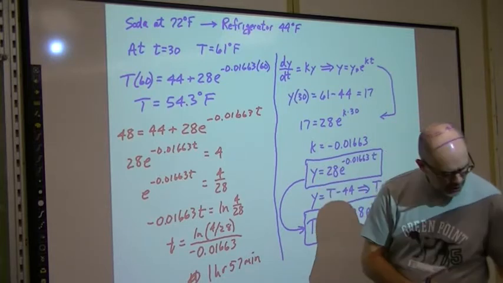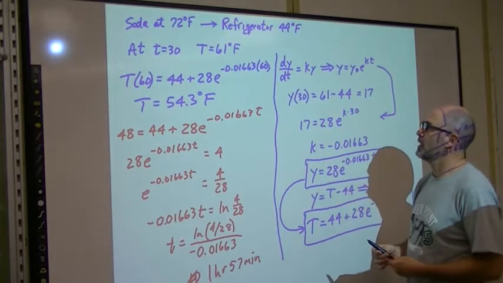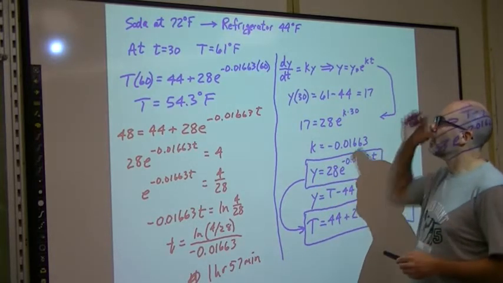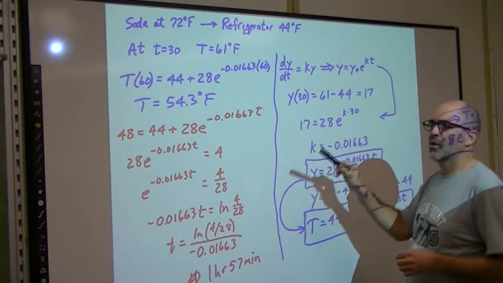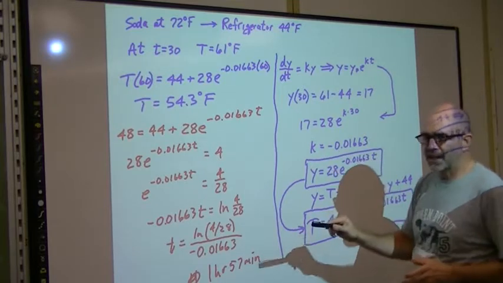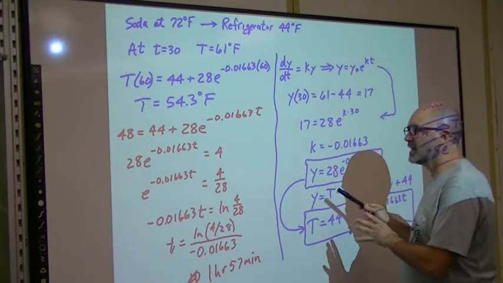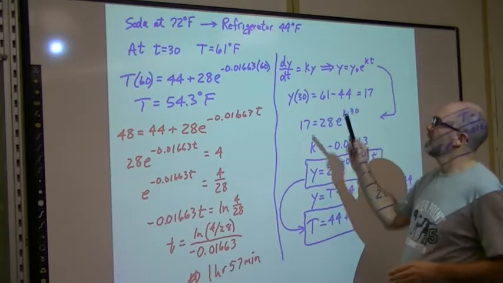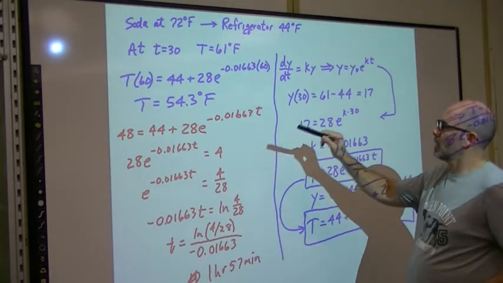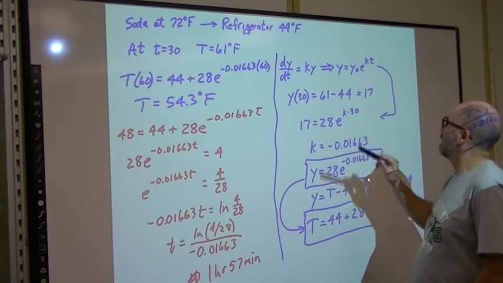So the key thing here is we're starting with y equals y sub 0 e to the kt. P equals P sub 0 e to the kt. M equals M sub 0 e to the kt. T equals T sub 0 e to the kt.